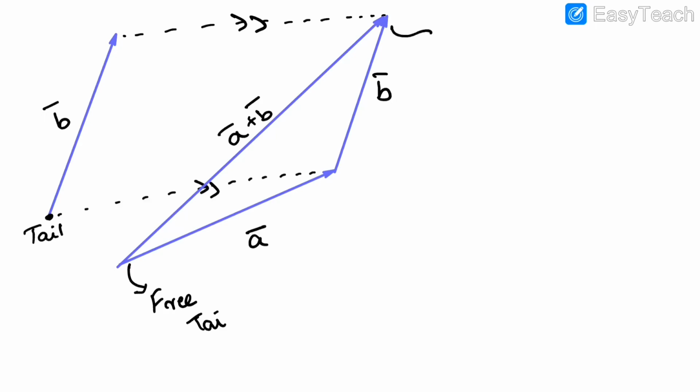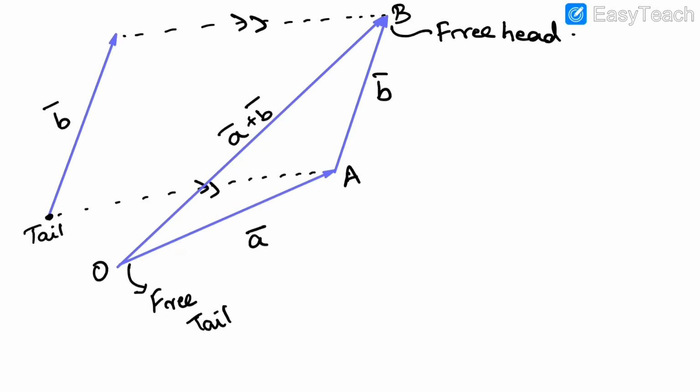It has a free head, or an open head, whatever you like to call it. So O, A, B: two vectors, A vector and B vector, lined one after the other. The resultant of these two vectors, A vector plus B vector, will be given by the vector joining the free tail to the free head, or the tail of one vector to the head of the other vector. Correct?